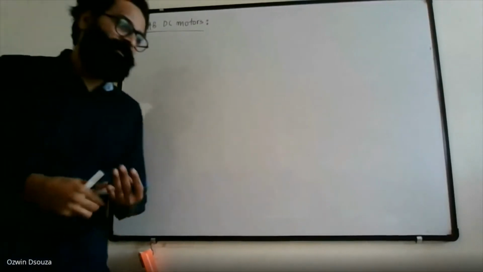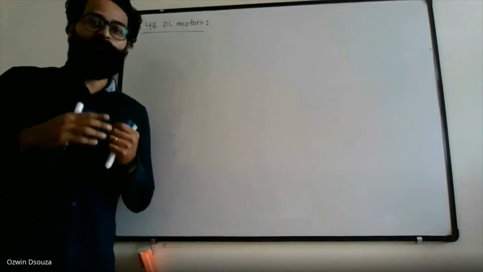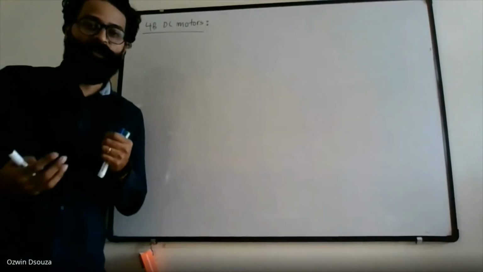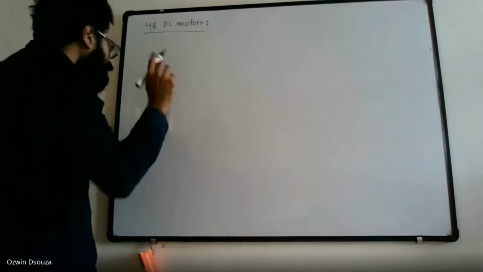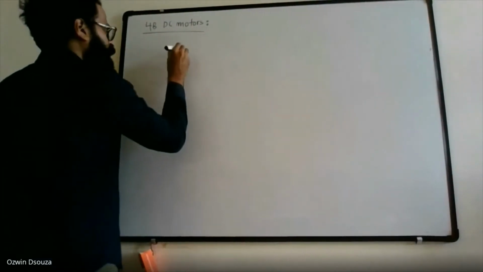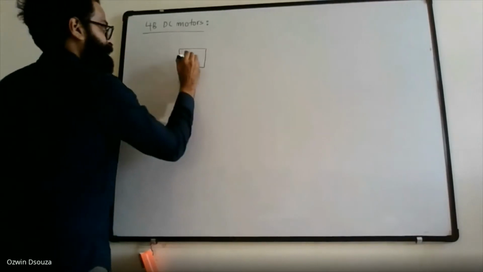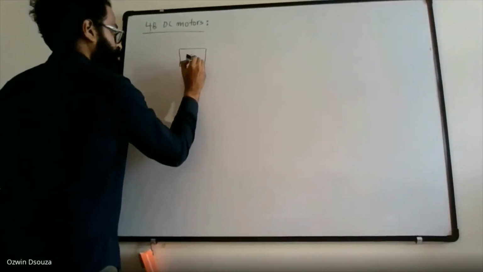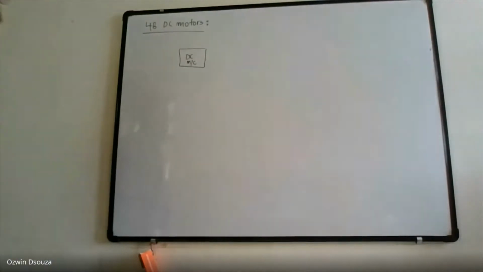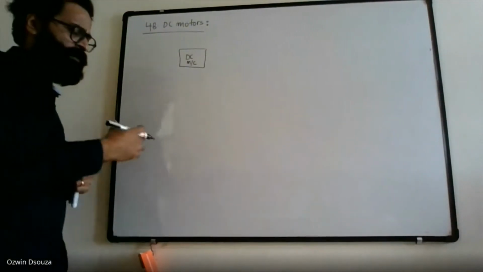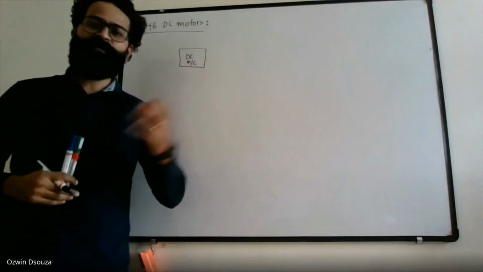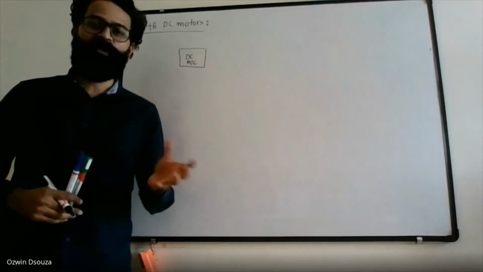So at the outset, let us try to understand what we mean by motoring operation. In order to have motoring operation, the same DC machine is taken. This is your DC machine, same construction. Field is kept on the stator side and conductors are kept on the rotor side.